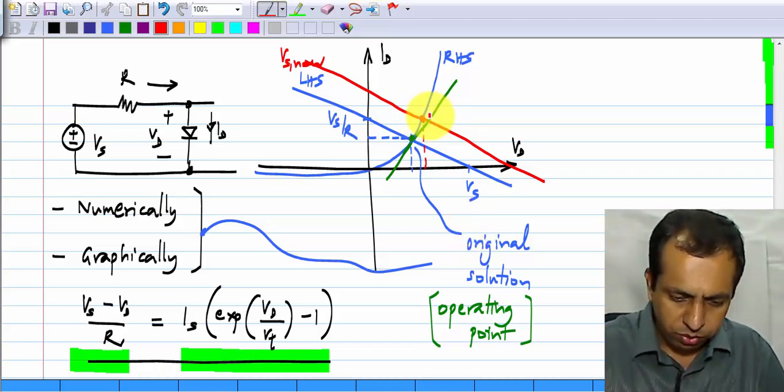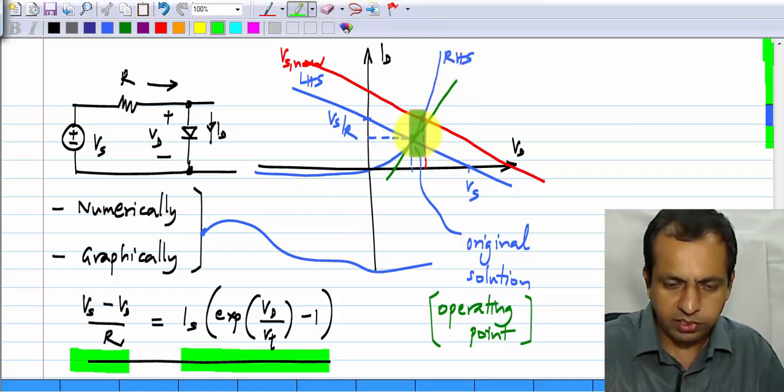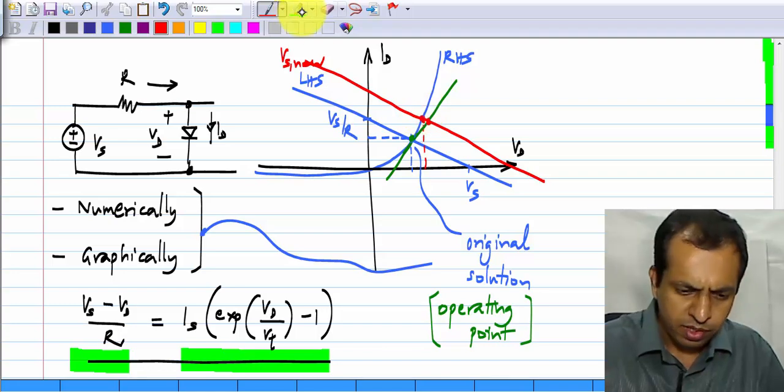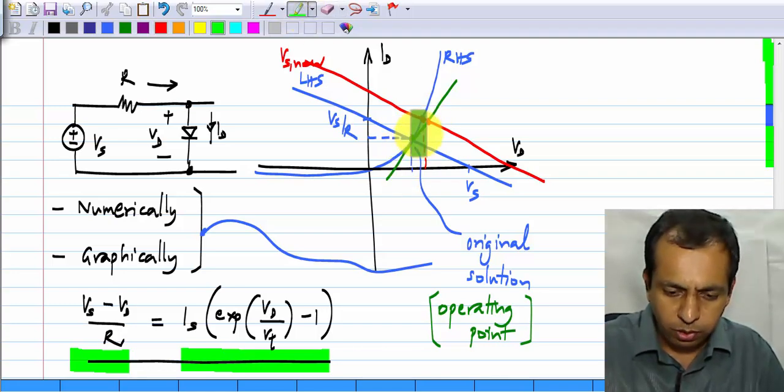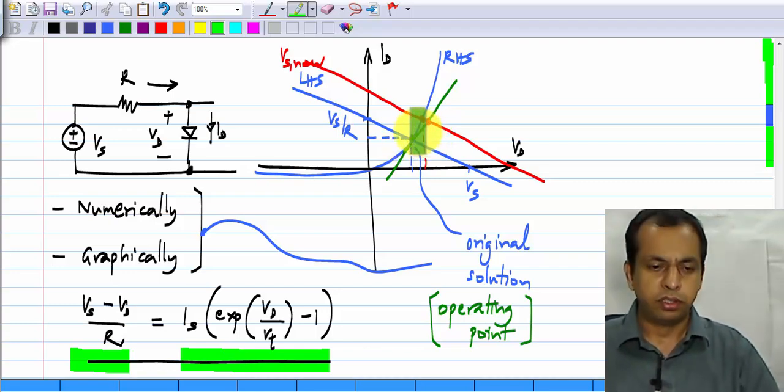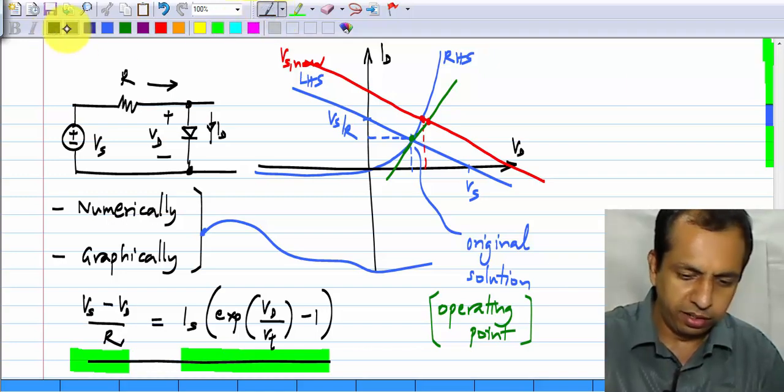But if you consider the intersection with this approximate straight line, the approximate solution is there, and they are sort of close to each other. And if you consider a point that is closer to the original operating point, they will be even closer to each other. So, for now we will state the criteria vaguely.